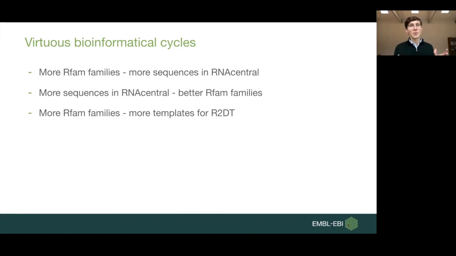When we have more sequences in RNAcentral, we can build better RFAM families because we see more of the examples. We can review the seed alignments, include more sequences in there, and make the covariance models better. And as we have more templates, more families in RFAM, we have more templates for our visualization software in R2DT.